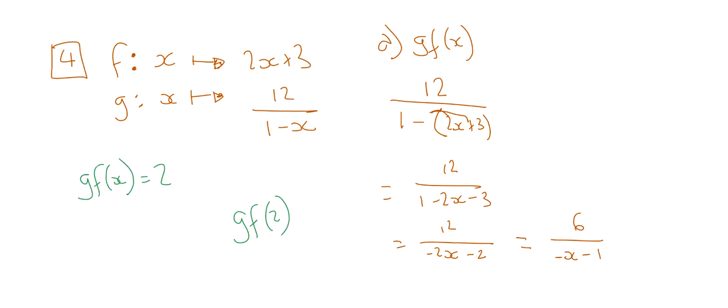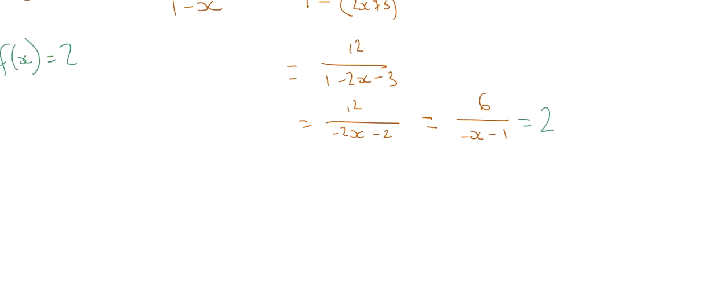It equals 2, right? So for this one, I had to substitute X as 2. But for this one, I'm told that the function, this function I just created, equals 2. So what I'm going to do is I'm going to bring this across as a multiplication.